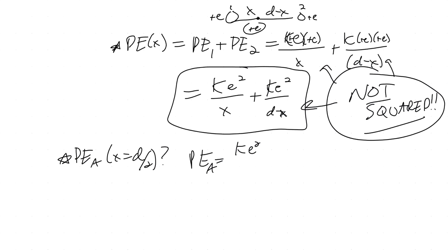Ke squared over d over 2 plus ke squared over d minus d over 2, which is just d over 2, which makes tons of sense. So I get 2 plus 2, because that flips, you get 2 in the numerator, 4ke squared over d.